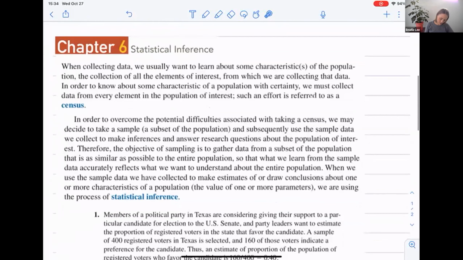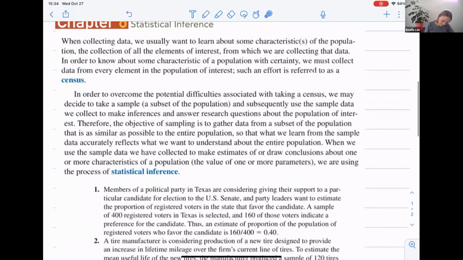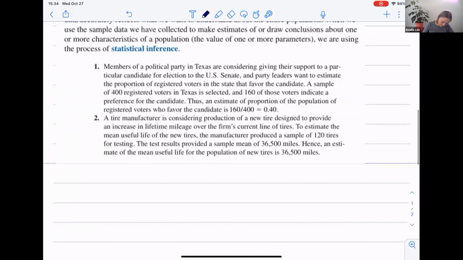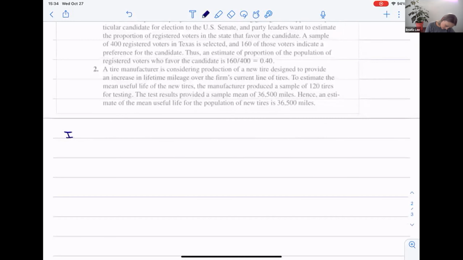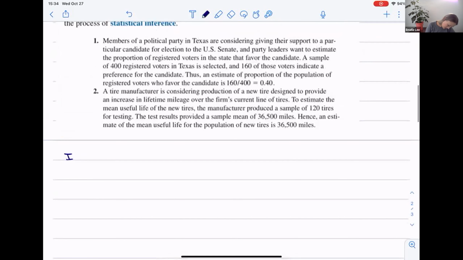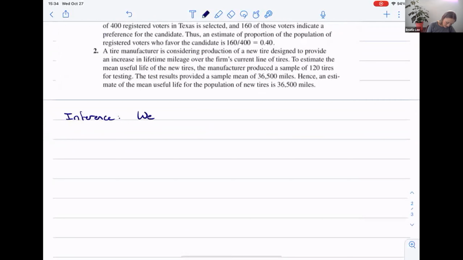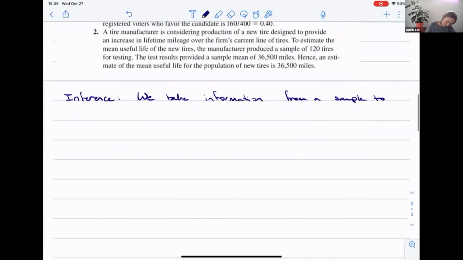So for inference, we take information from a sample to learn about the population.